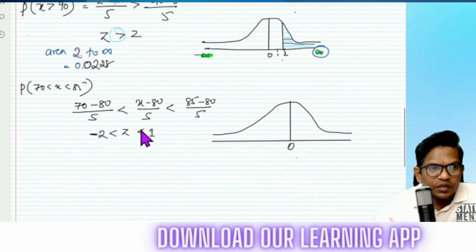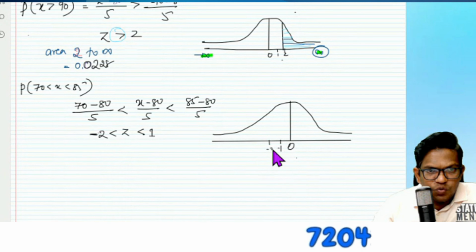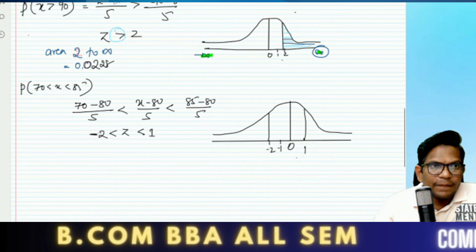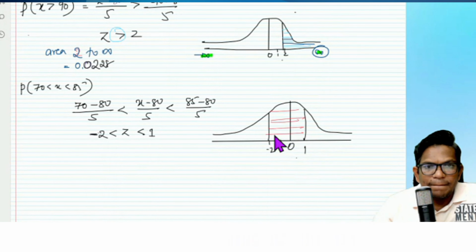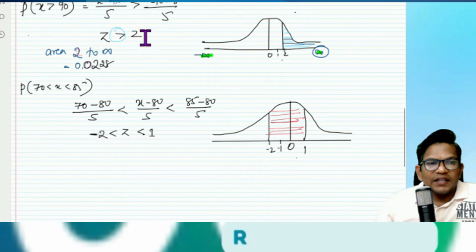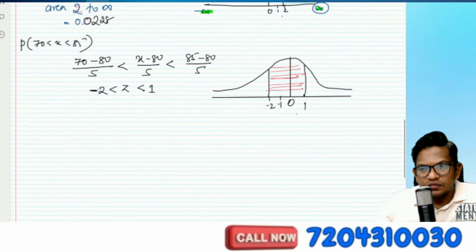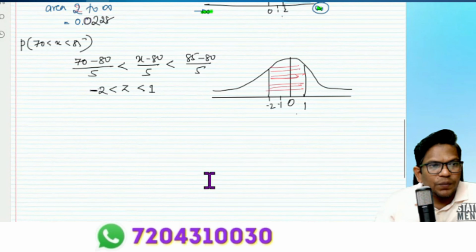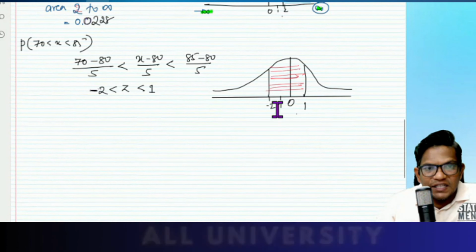So this is 0, minus 1 and minus 2. Here it is 1. Understood? Done. Now, what do we take? We have some area that is from minus infinity.